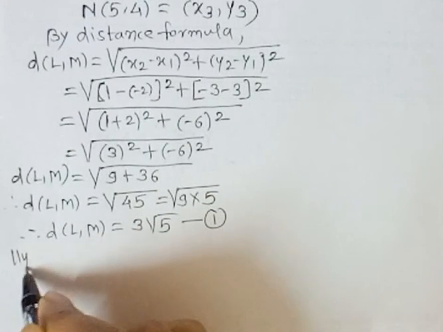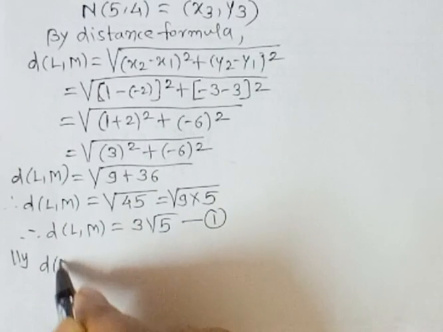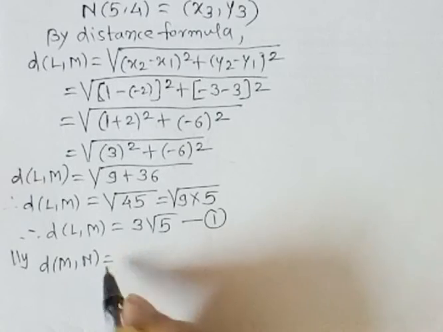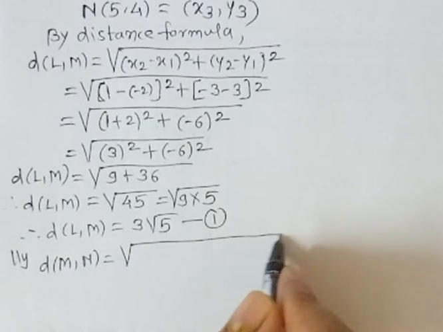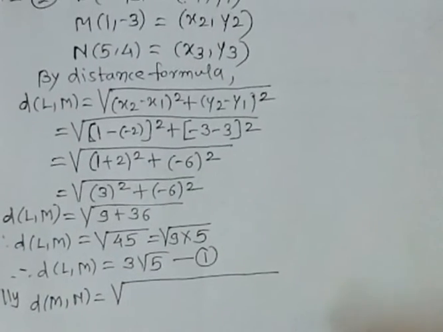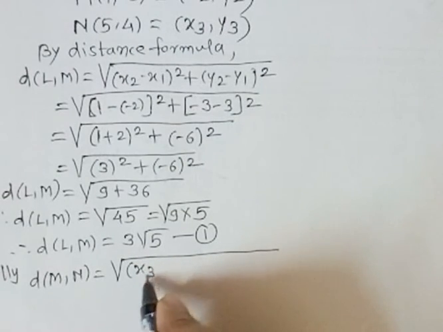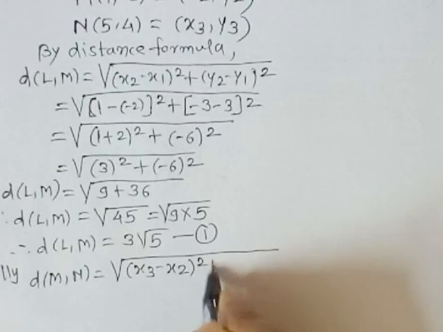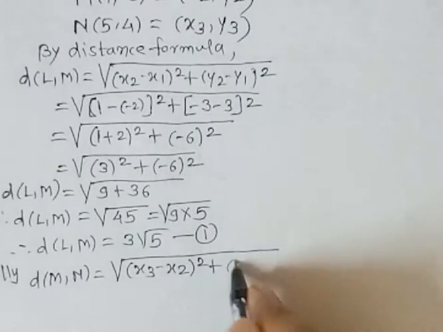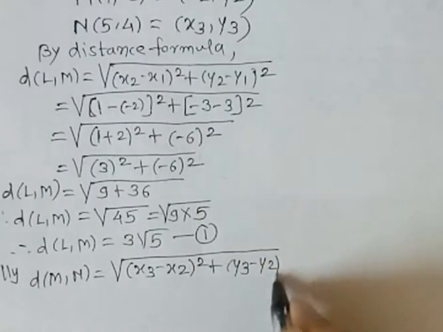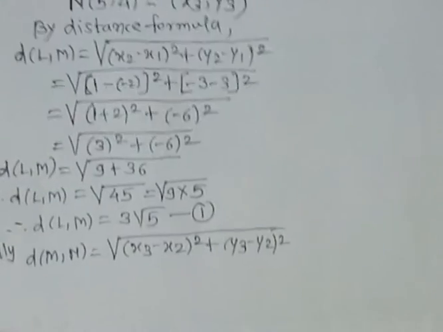Similarly, distance MN is equal to under root, what we have to write? (x3 − x2)² + (y3 − y2)².